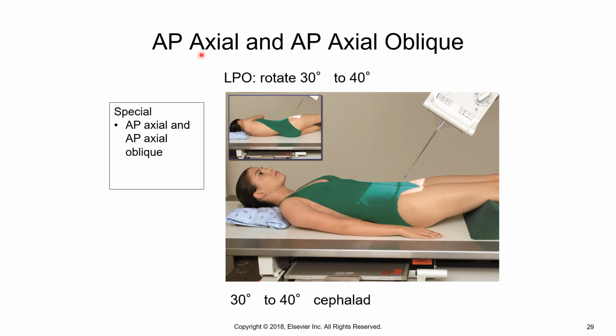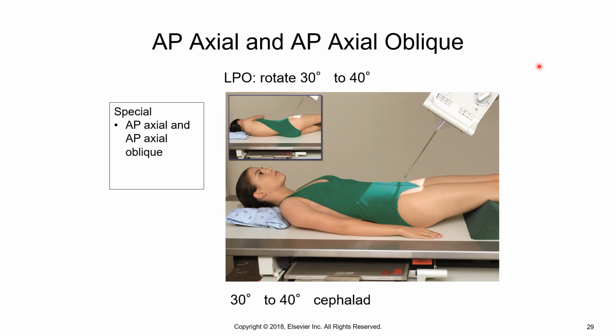You have an AP axial, that is on page 535, as is the AP axial oblique. So this is the AP axial, this is the AP axial oblique. That's 2 of them that would demonstrate what we need.